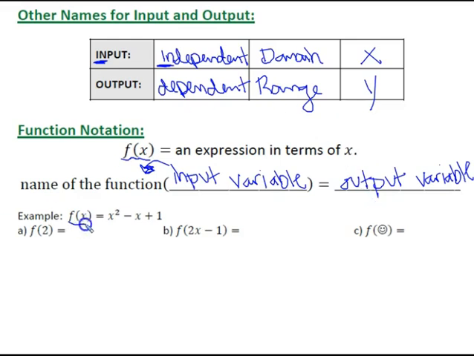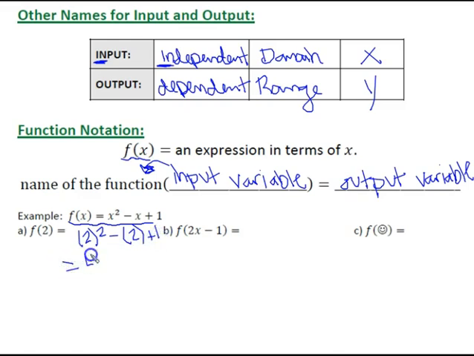If we take a look down here, this is exactly what a function might look like. We have f of x equals this expression. Notice how it's in terms of x, or in terms of our input variable. Just like before, whenever we have the 2 instead of the independent variable, we want to take the place of it. So in the place of all of these x's, we're going to literally input the number 2 and solve.